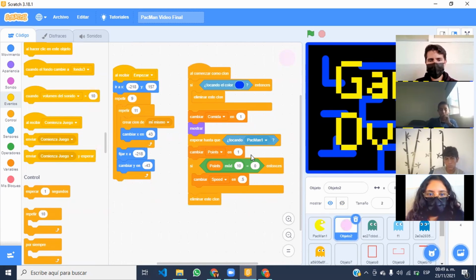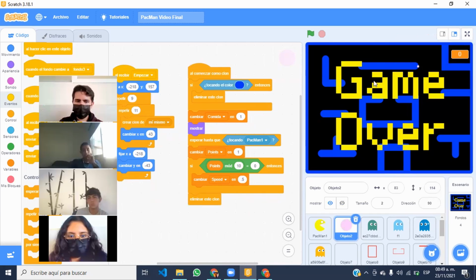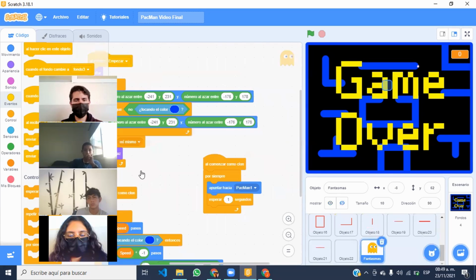Also, points are going to show the number of points the Pac-Man or the user has made. And finally, the speed is going to show how fast the Pac-Man or the ghost go. For example, in this part, if the user gets a multiple of 10 points, the speed of the ghosts is going to increase, so the game is more difficult.